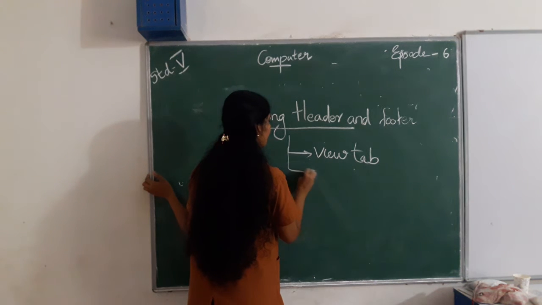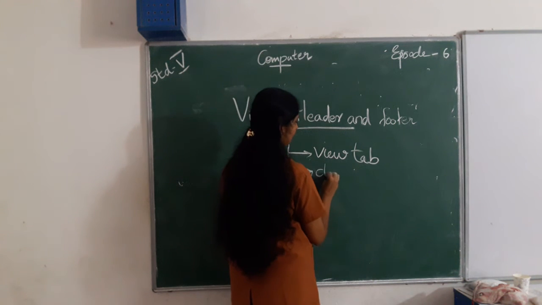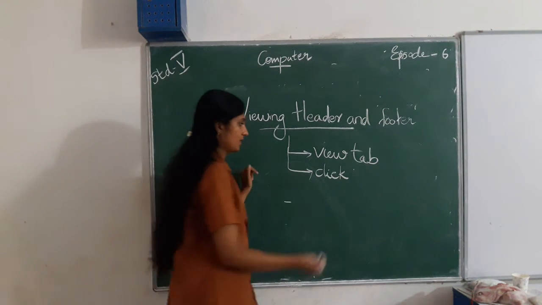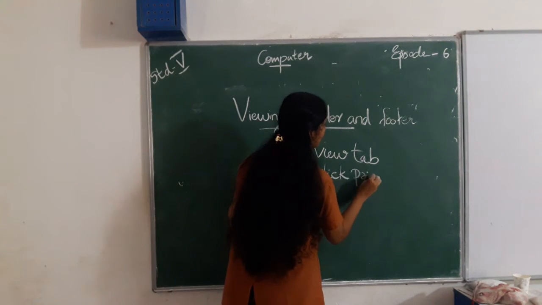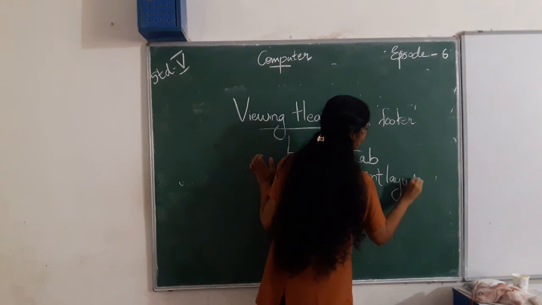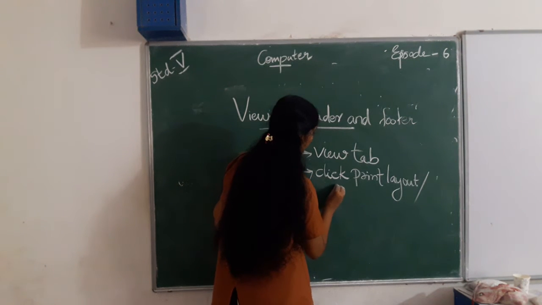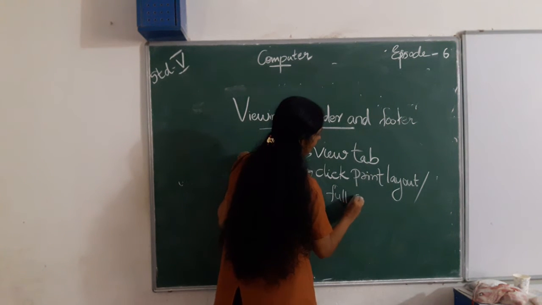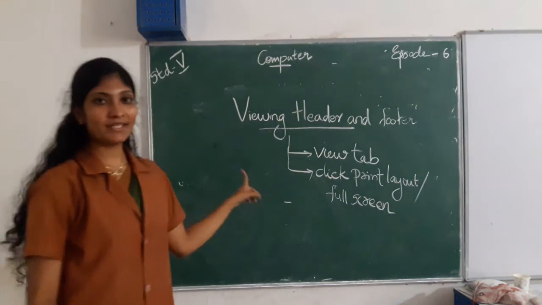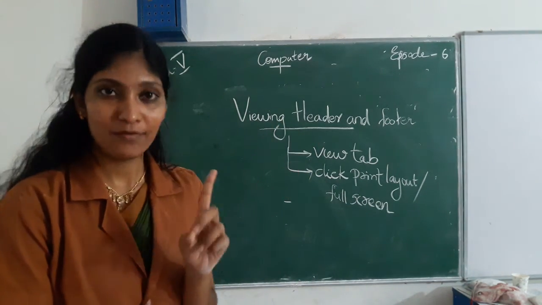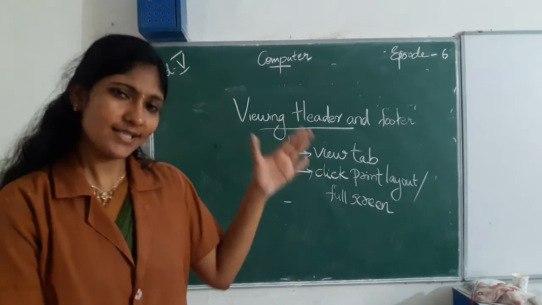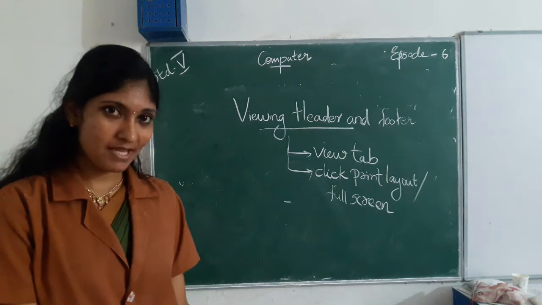So viewing header and footer means if you cannot see the header or footer, just click the View tab, and then you can see many options.